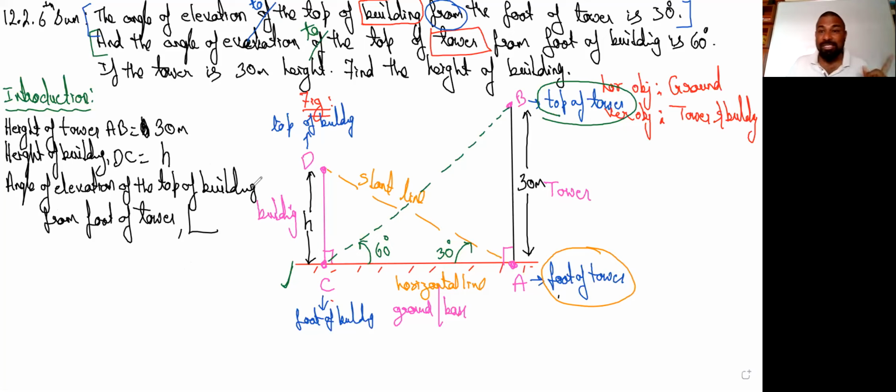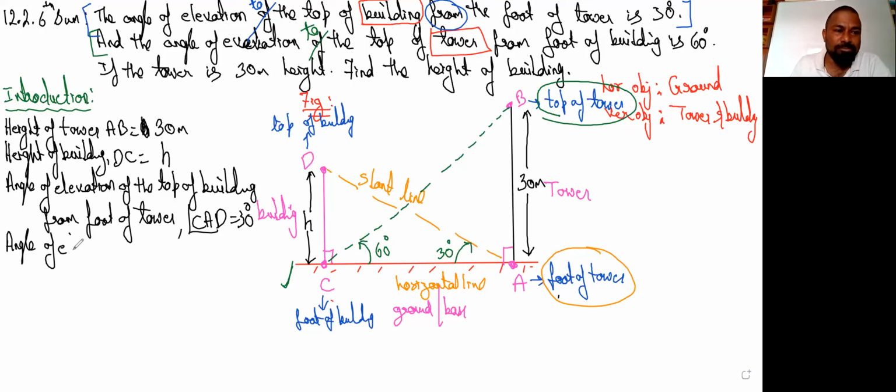Now, from where did we start? What he says, we are talking about 30 degrees there. It's nothing but CAD is equal to 30 degrees. Angle of elevation to the top of the building from the foot of the tower, 30 degrees.